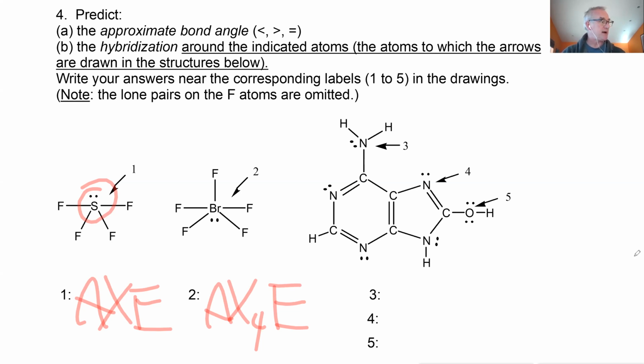And I go to my table because I can't remember anything. And I look for AX4E. Well, that means it has 5 regions of electron density. That means it's trigonal bipyramidal.